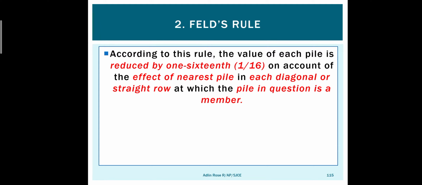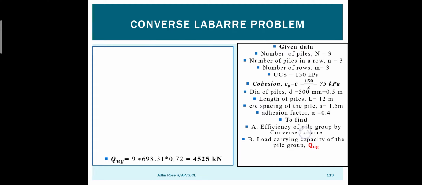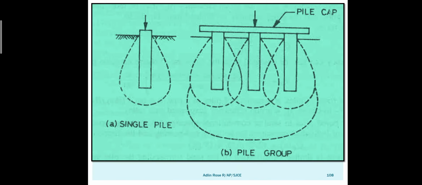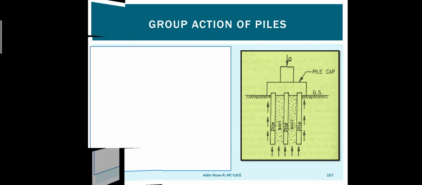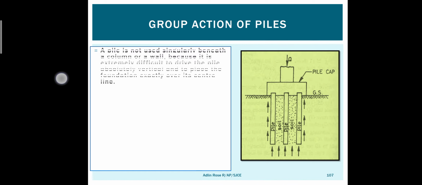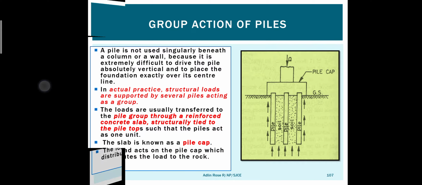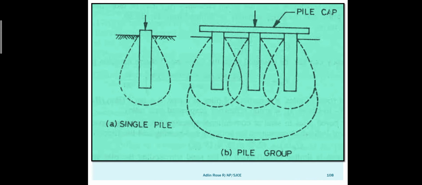We know that, right? When you saw the pressure bulb in the last class, I showed the pressure bulb, if you remember. See, in a pile group there will always be the effect of the nearby pile on this pile. You see the pressure bulbs overlapping.